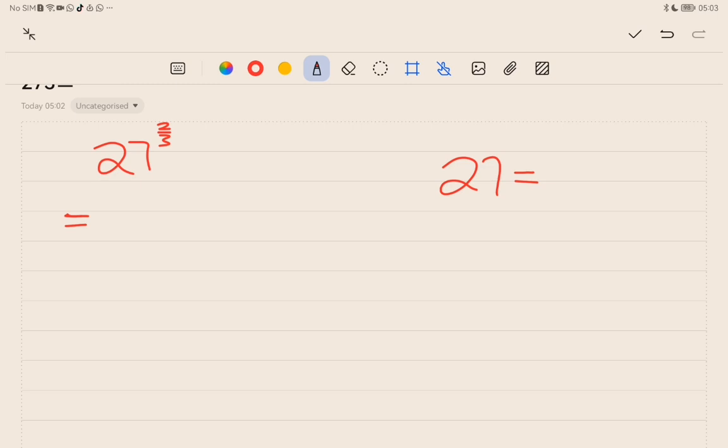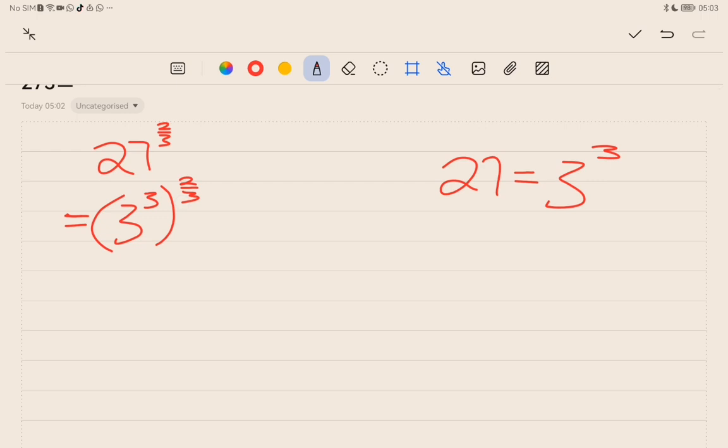equal sign, shift, fact. Then you get 3 to the exponent 3. Then where there is 27, you substitute 3 to the power 3. So it is going to be something like this.